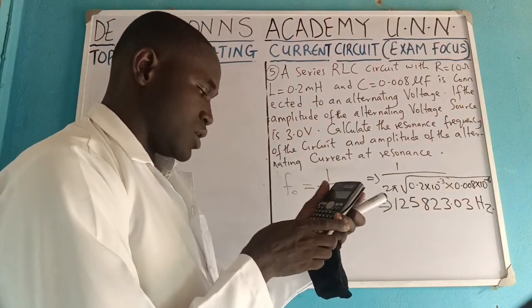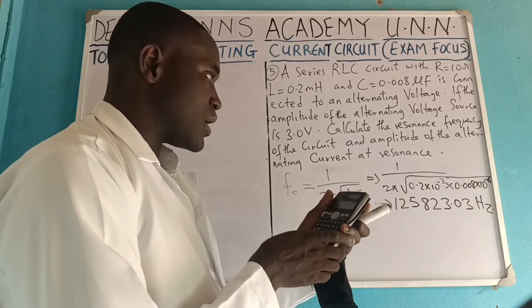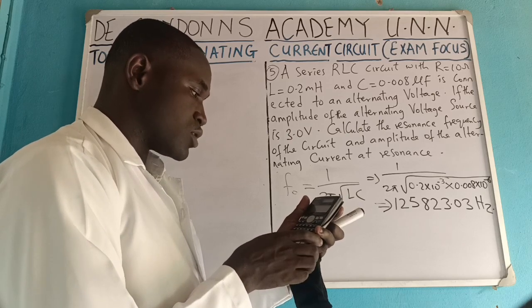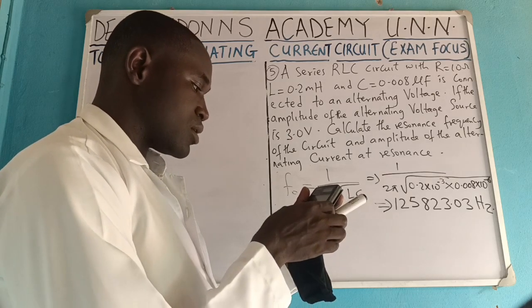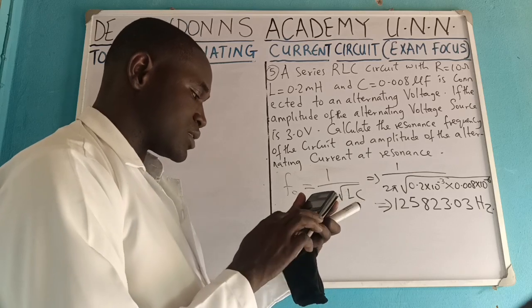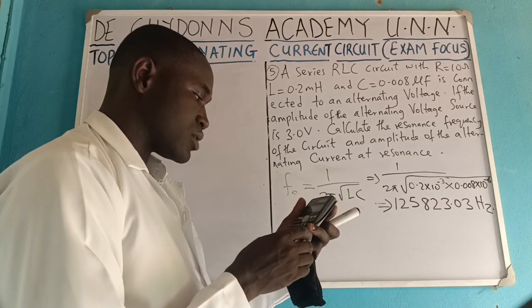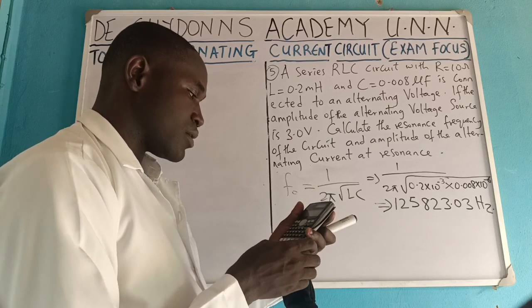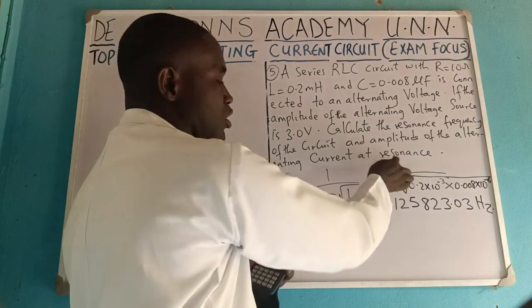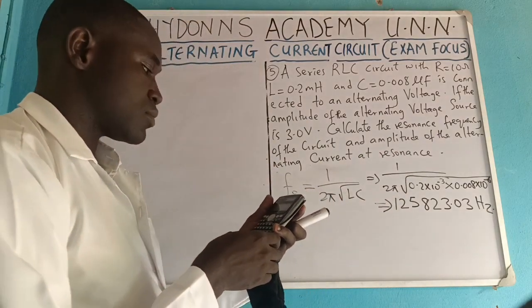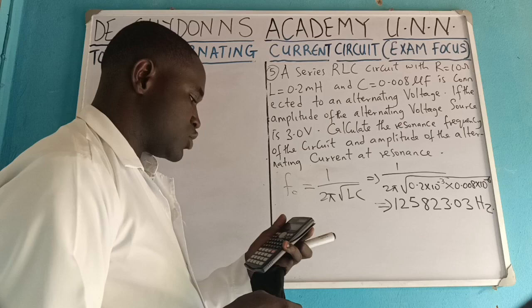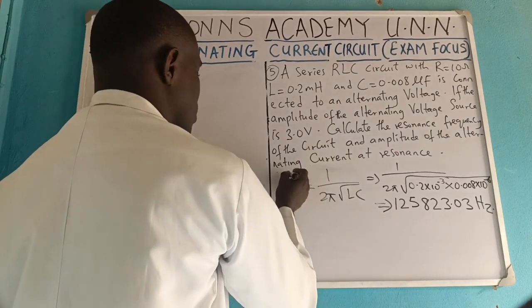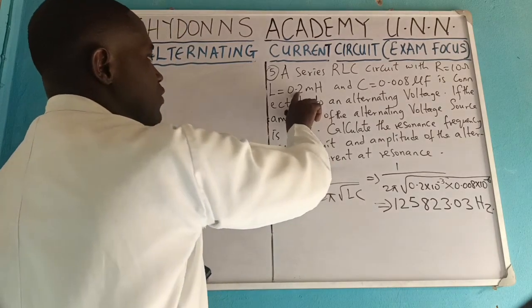You can do it 0.2 times 10 raised to the power minus 3 times 0.008 times 10 raised to the power minus 6 times 2 shift pi, then inverse because of 1 over. 125,823.03 hertz. We have gotten our resonance frequency of the circuit.